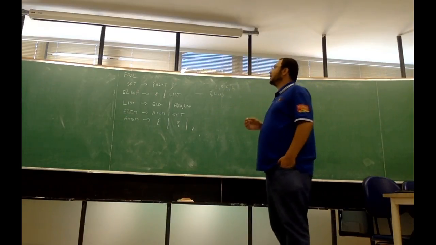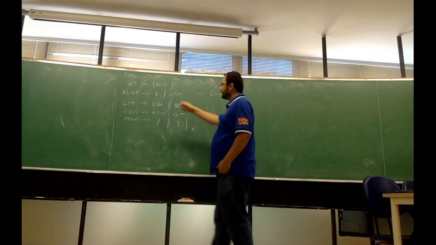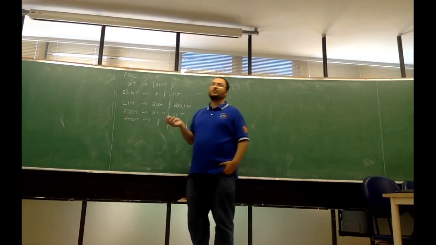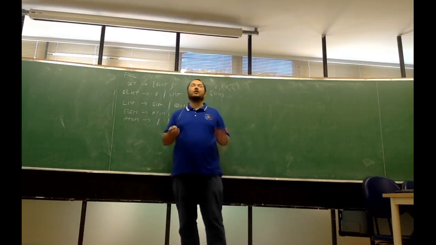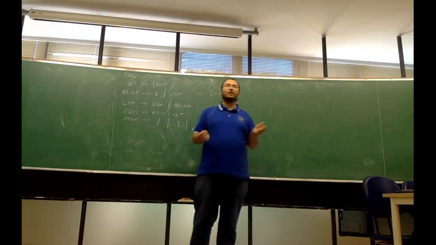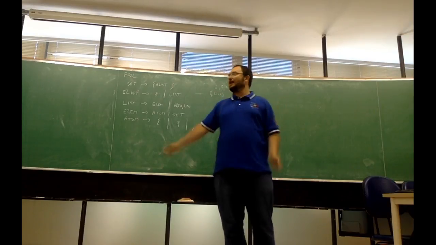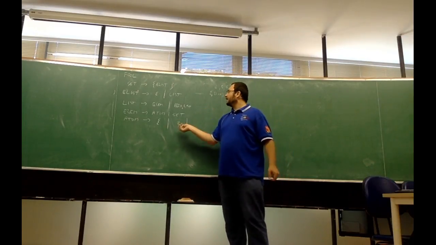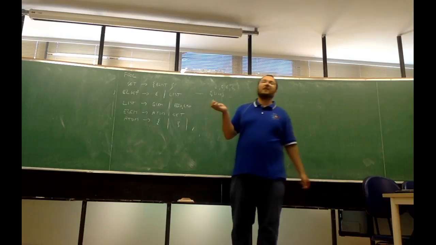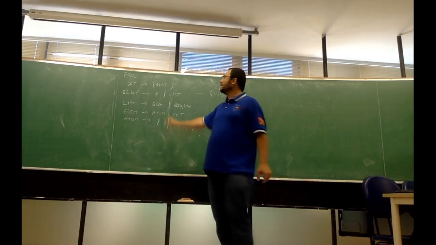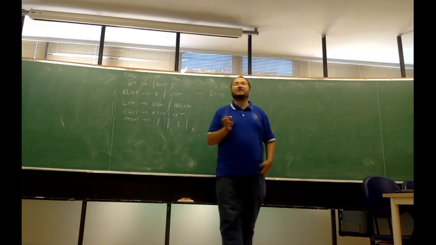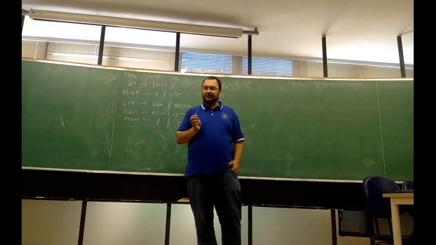And in this grammar you can generate a bunch of different strings. And the question is to recognize the good strings from the bad strings. So given a string of characters, left and right curly braces, and commas, tell whether it can or cannot be generated by this particular grammar.